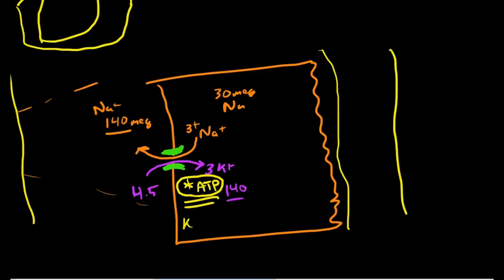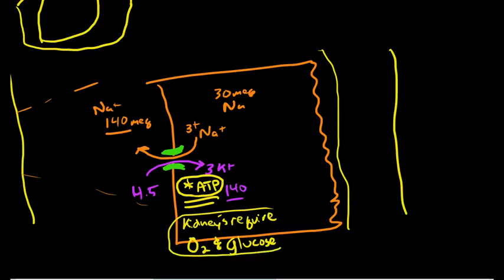So the kidneys require a lot of oxygen and a lot of energy because of all this ATP. There are lots and lots of mitochondria inside these cells.